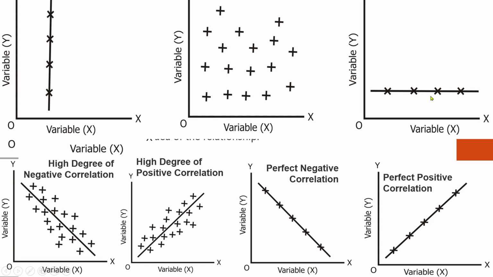And here you may think that the points are plotted on the line itself, so how can it be a no correlation graph? Because a correlation graph will be a straight line or a curve that moves from left to right. It may be an upward movement or a downward movement, but it will always be from left to right. Here it is a line that moves parallel to the x-axis.